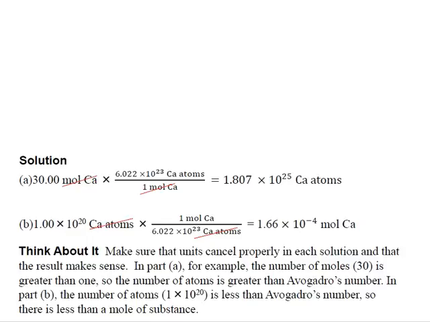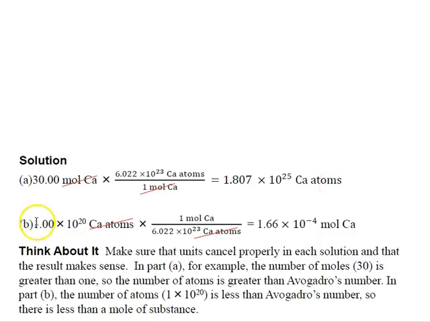So for our solution to part A, we start with 30 moles of calcium, and we're going to work through this just like I would or you would for a conversion problem when you're converting units. So we're converting here from moles to atoms. So our conversion factor is going to use Avogadro's number in the numerator and moles in the denominator. Moles cancel, and we're left with 1.807 times 10 to the 25th calcium atoms.